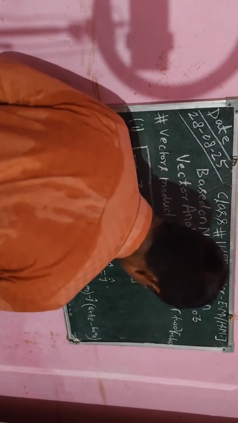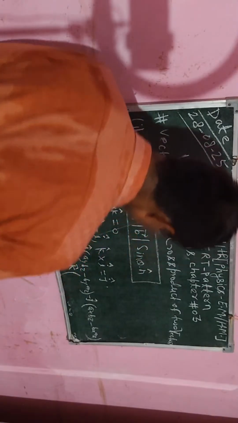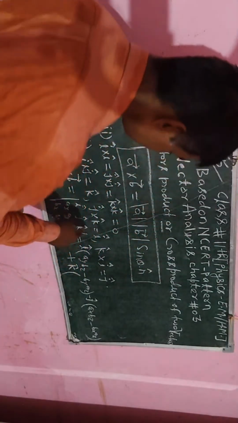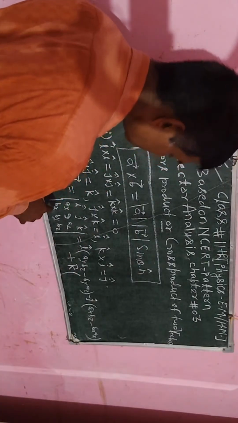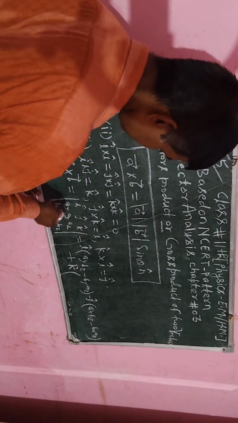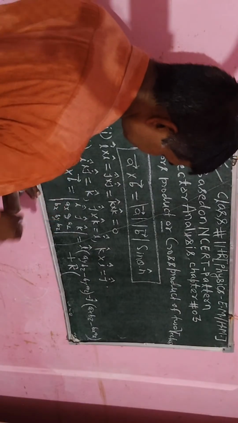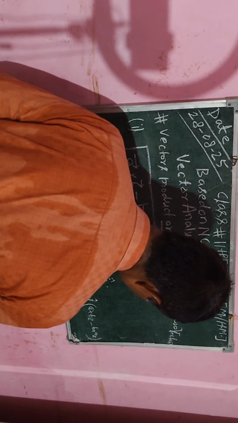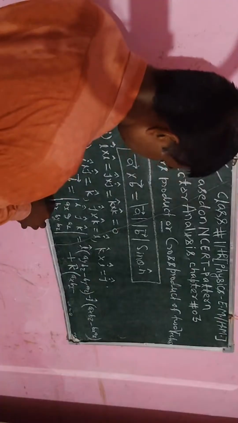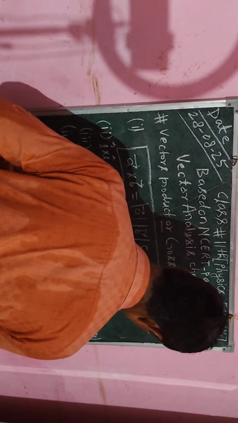Okay, now the third vector, I will write vector k cap. In this, I eliminate the k column and the first row. So I will get the determinant with ax, bx, ay, by, and I will write ax by minus bx ay.